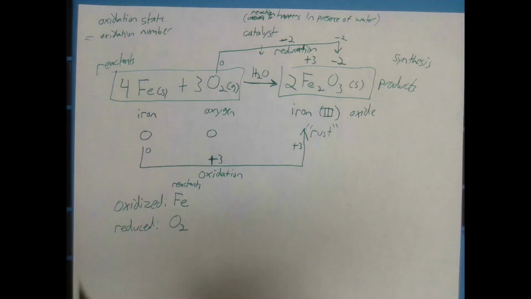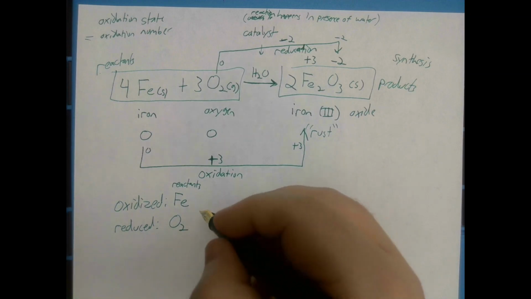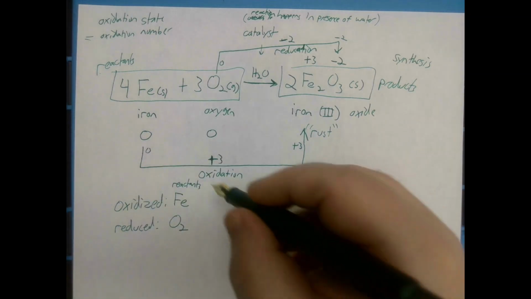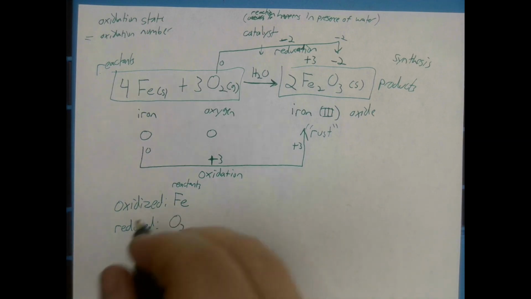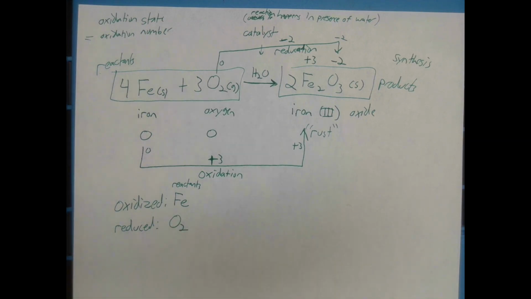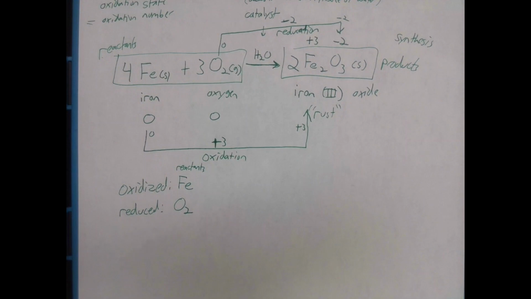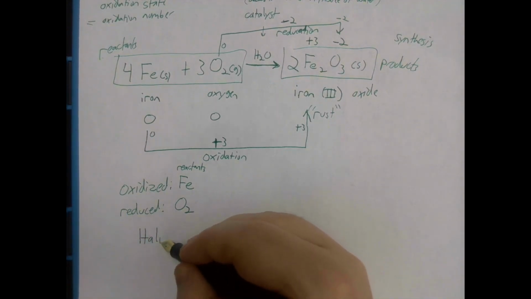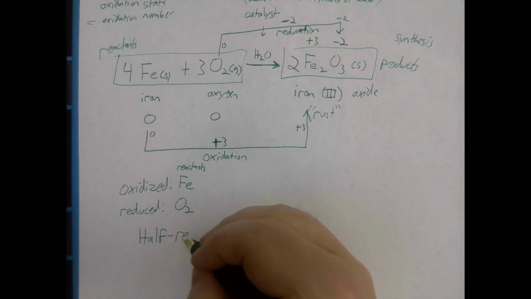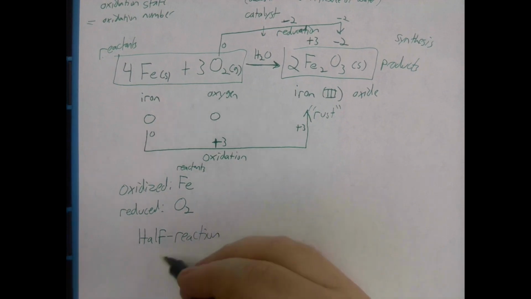The specific element would be iron and oxygen. Iron is being oxidized, but if we look at the reactants, it's the oxygen, the O2 molecule. So what is the half reaction for oxidation?